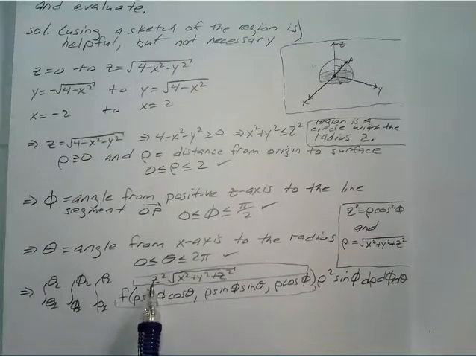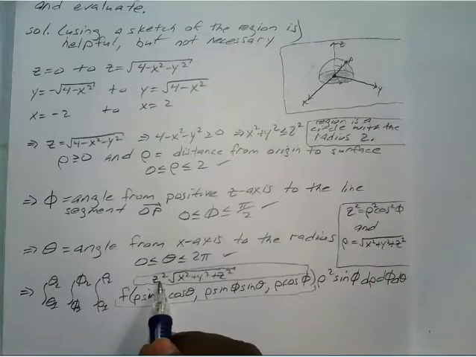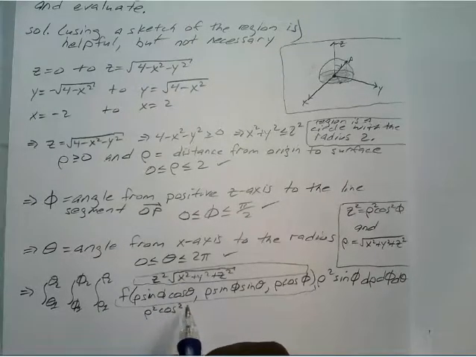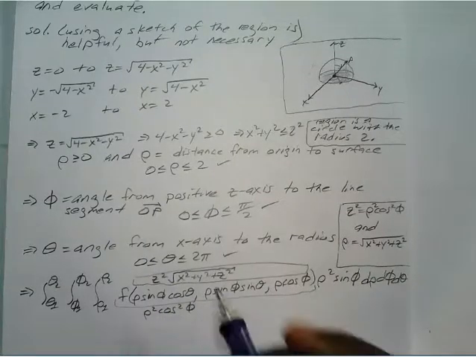Okay. So that means our z squared is going to be rho squared cosine squared of phi. And our square root of x squared plus y squared plus z squared is equal to rho.